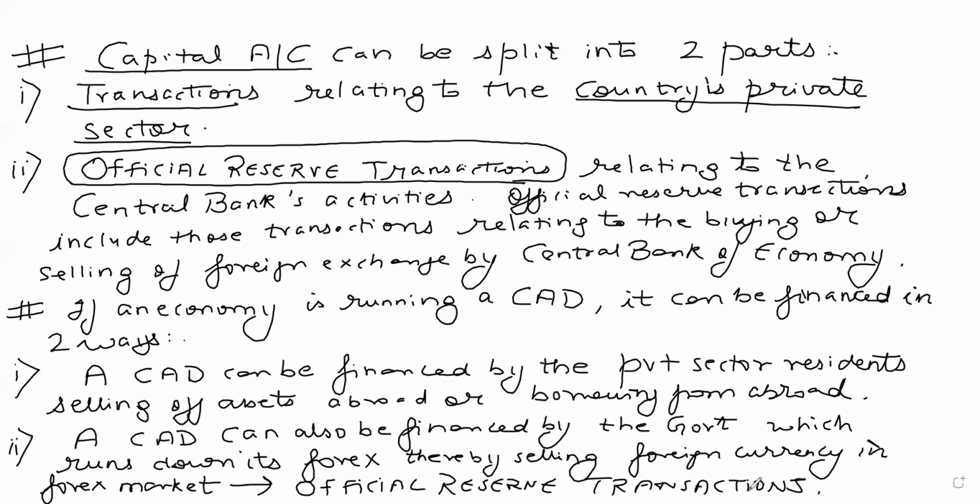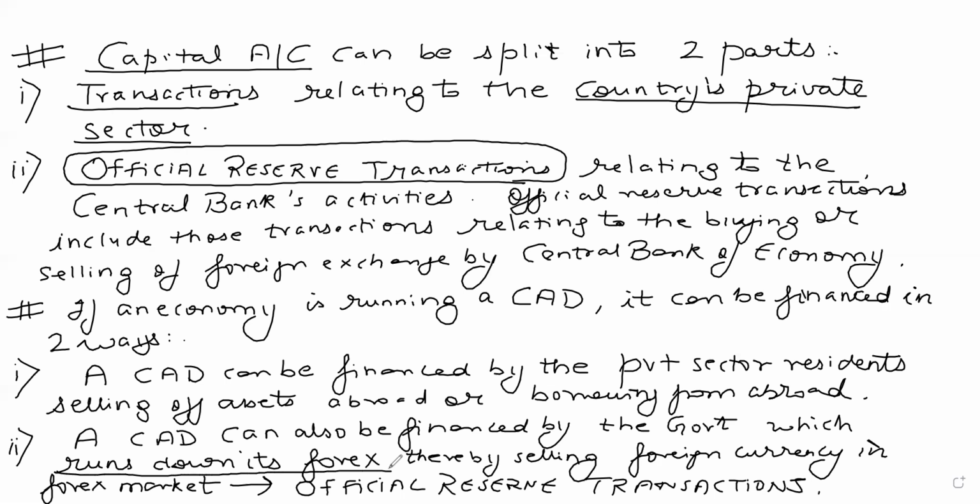So when that economy is running a current account deficit, the central bank can sell its foreign exchange reserves into the foreign exchange market. That is what is meant by running down its forex.